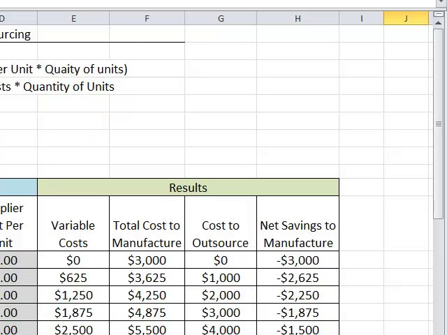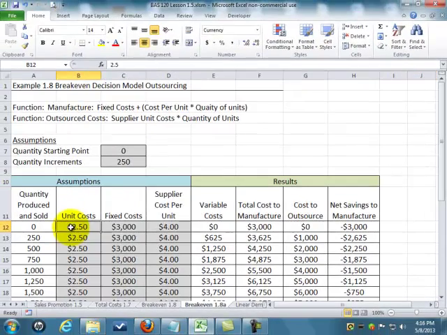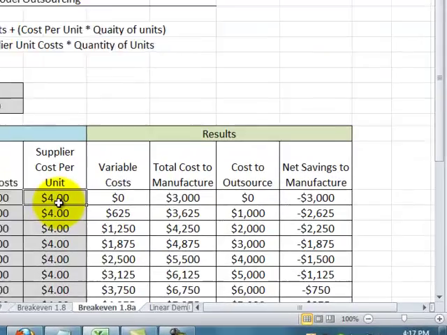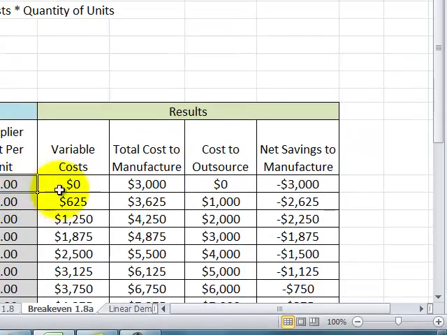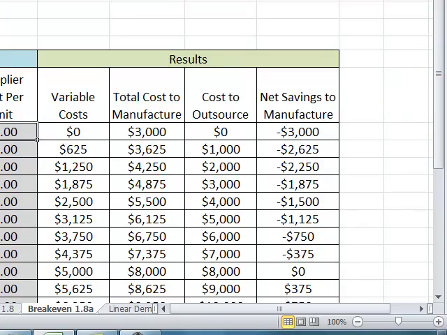So I set this up pretty much the same way. Here are my units produced, different assumptions. My unit cost, my fixed cost, the supplier's unit cost. So in this case, it costs me $2.50 to make each one. I have fixed costs of $3,000, and the supplier would sell it to me for $4 a unit. So if you note, at very low volumes, not surprisingly, it doesn't save me money to manufacture it myself.